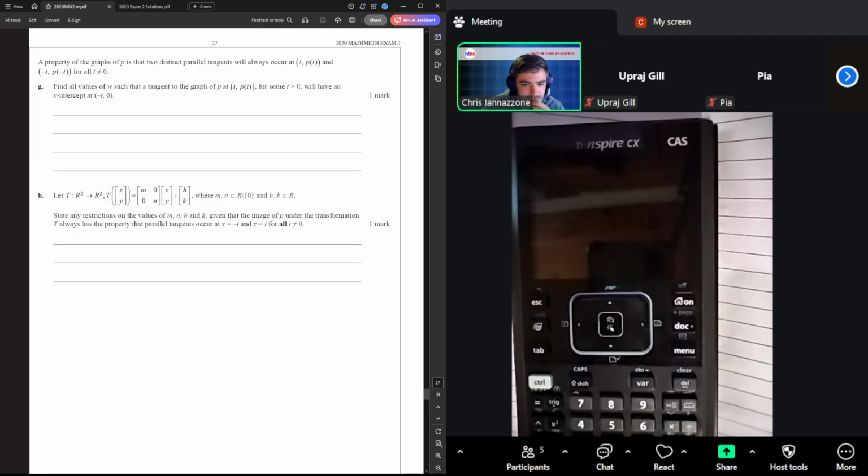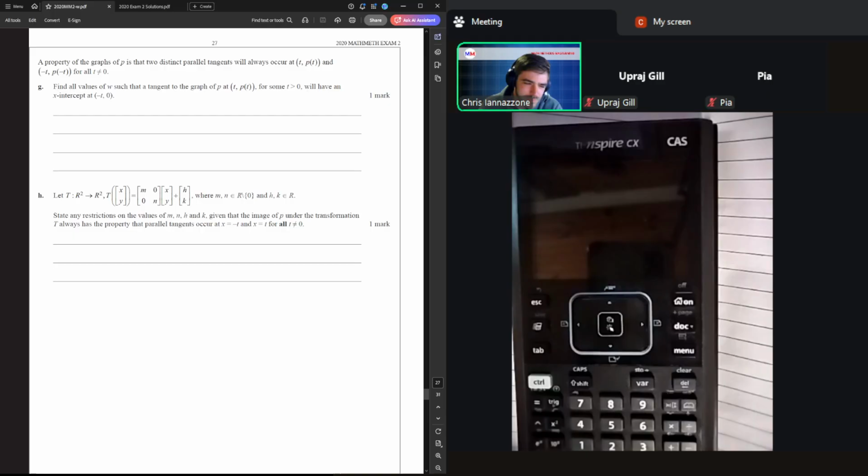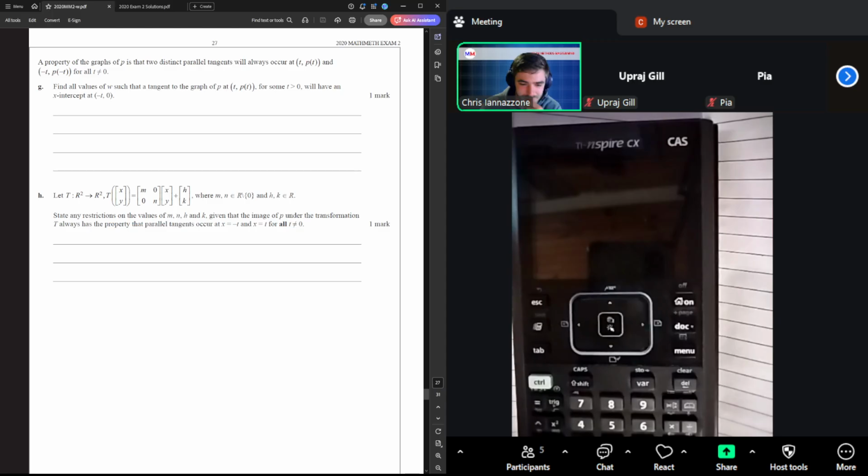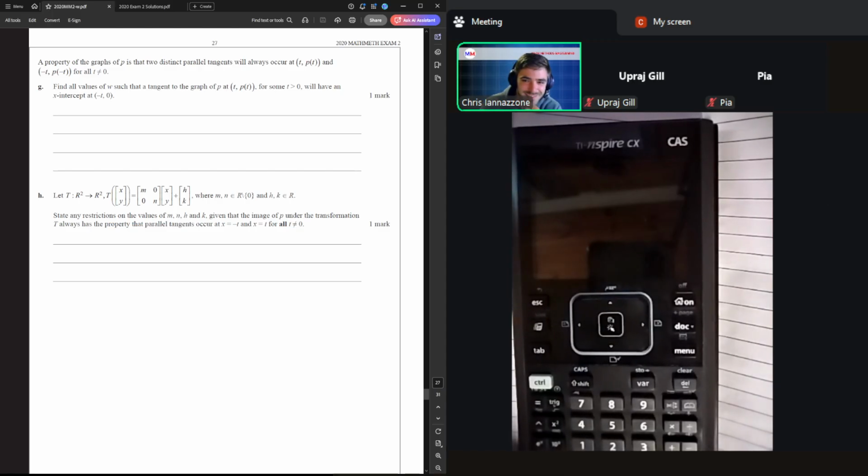Okay, so there's a bit more to it than just solving for it. Have a go at it, see how far you can get, and then we'll talk through the rest of it.